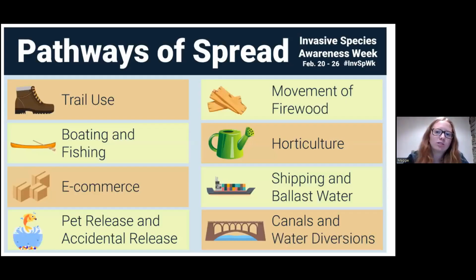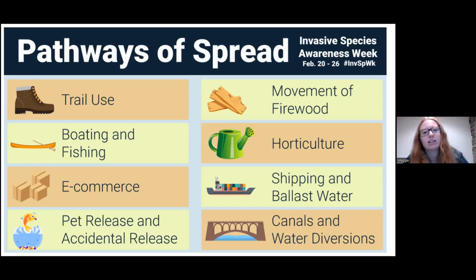This slide goes over some of the pathways of spread. Many of the ways that invasive species come here are through human influence, essentially. In addition to human-influenced ways like intentional introductions, they can also spread through natural pathways as well, like animal movement and wind. Some of these are pretty well known, like movement of firewood.